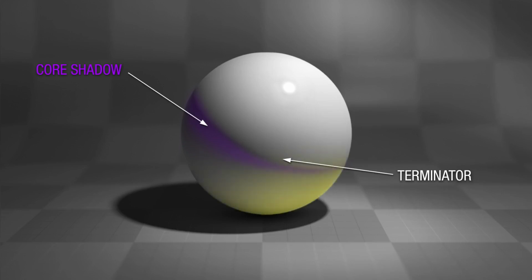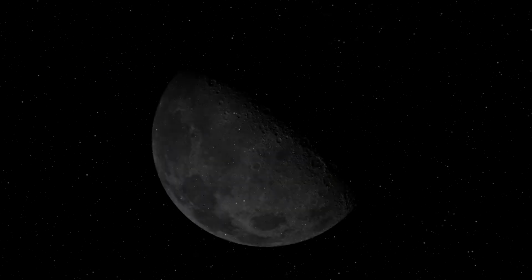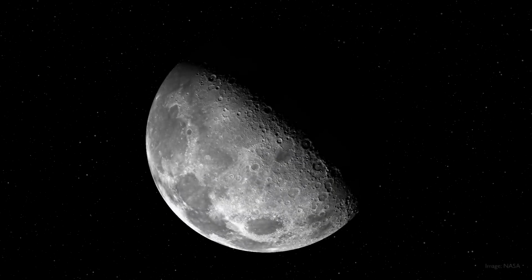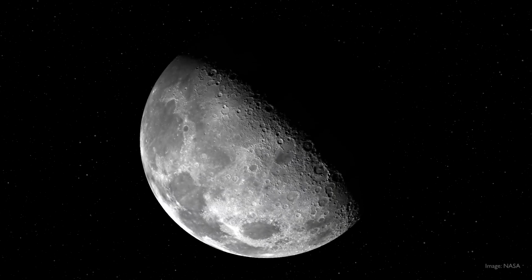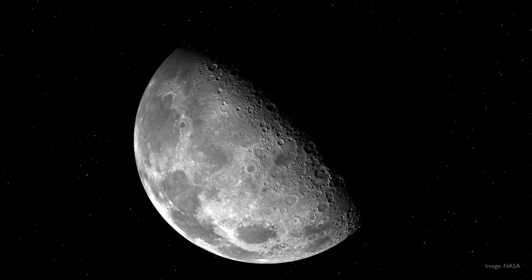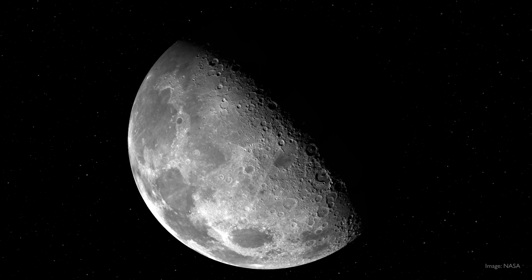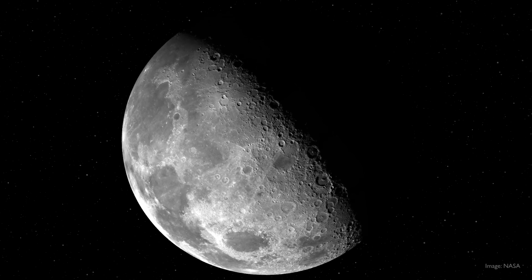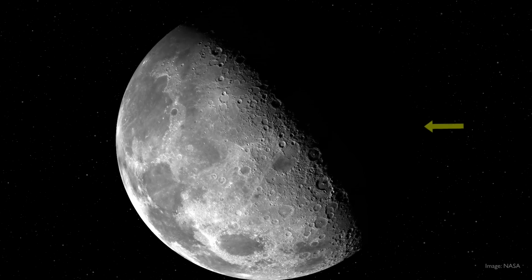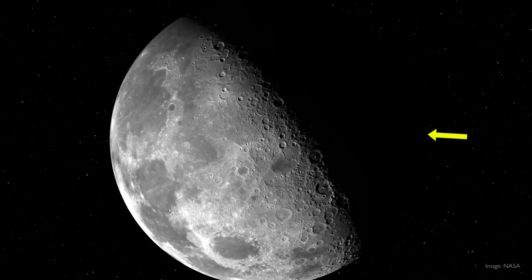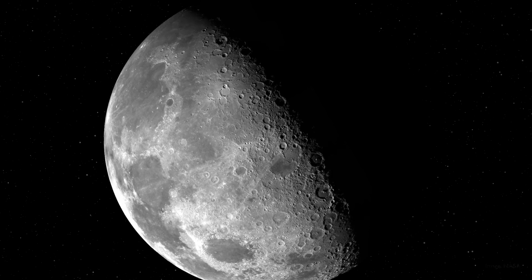If there is no reflected light, there is no core shadow. A great example of this is the moon. You can clearly see the terminator, but there's no core shadow. That's because there is simply nothing to reflect light back into the form shadow of the moon. So the dark side of the moon just blends into the blackness of outer space.